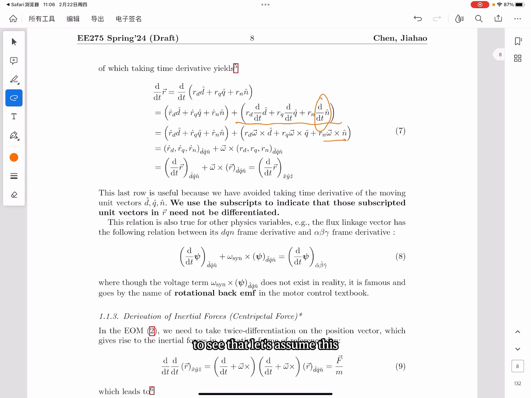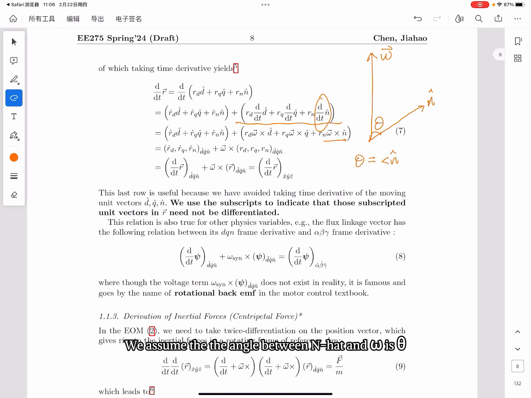To see that, let's assume there's the omega hat vector like this, and we have the n hat vector here, and we assume the angle between n hat and omega is theta, and n hat is spinning around the axis of rotation denoted by the direction of the vector omega.